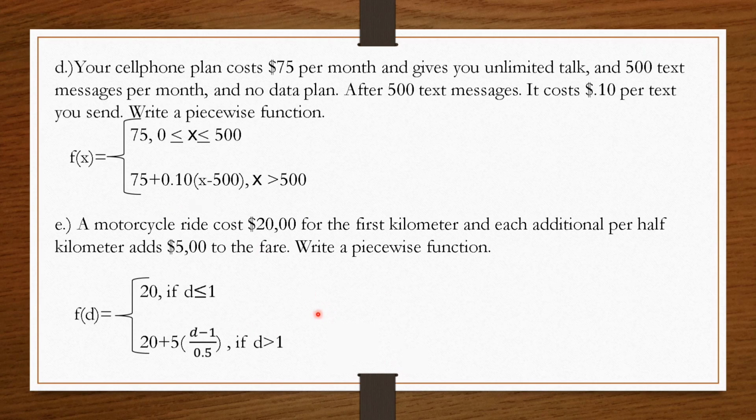If the distance is greater than 1 kilometer, then it will be $20 plus 5 parentheses d minus 1 over 0.5. Because if you exceed the first kilometer, the result here will be your payment.